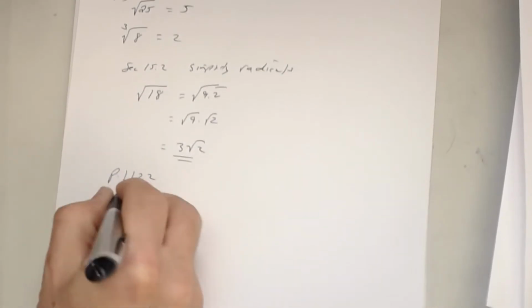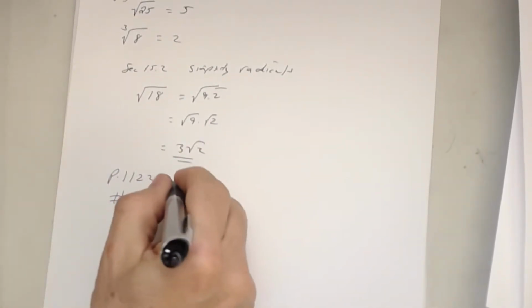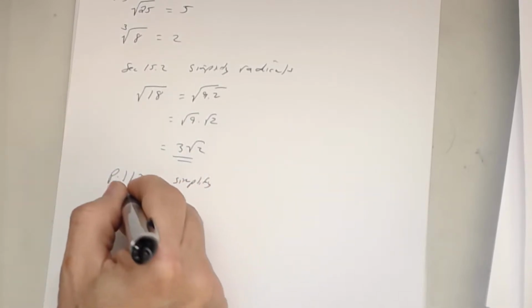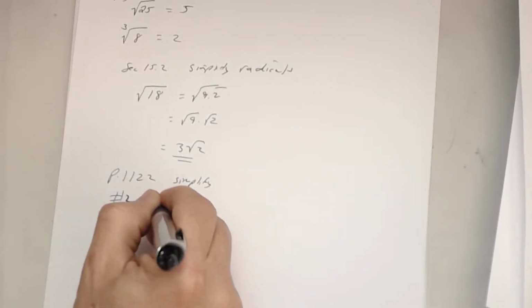So this is number 2. Remember, the direction says simplify. The square root of 44. First of all, is 44 a perfect square? Nope. But is there a perfect square that goes into 44? 4.